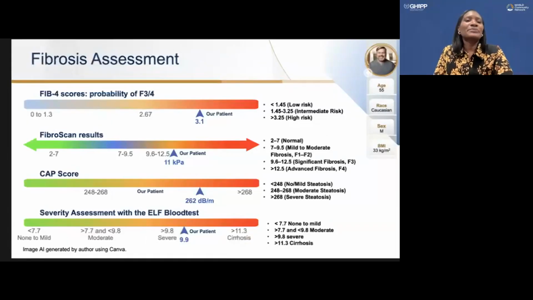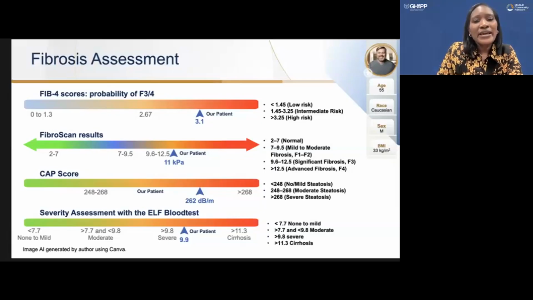checking his fibrosis assessment. The first, easiest test that could be done is a FIB-4, which is 3.1, which falls into the intermediate risk category. Then after getting a FIB-4, the next thing was to get a FibroScan.